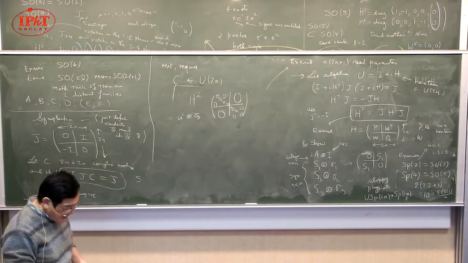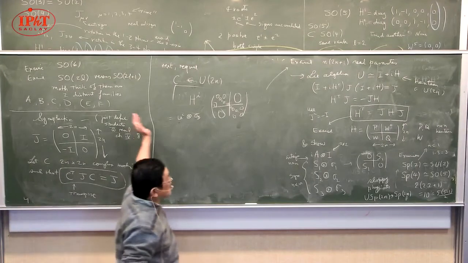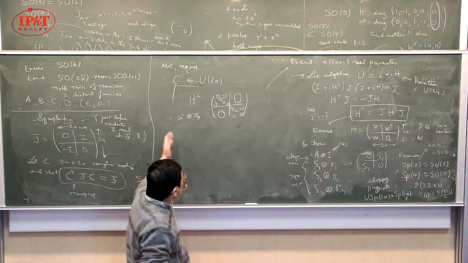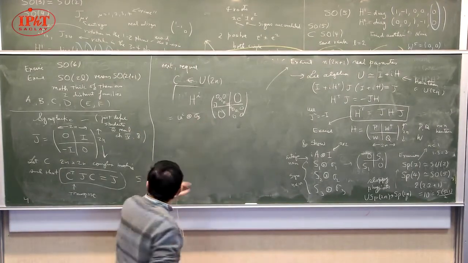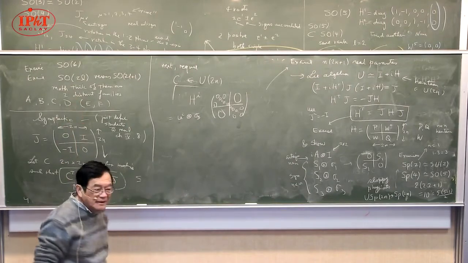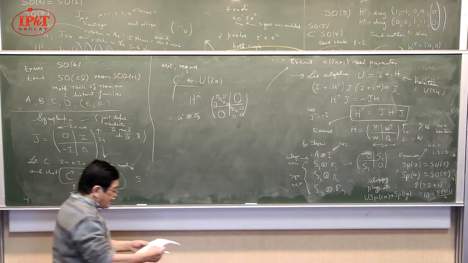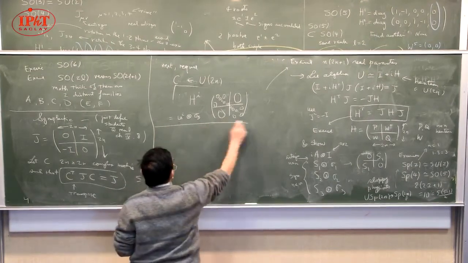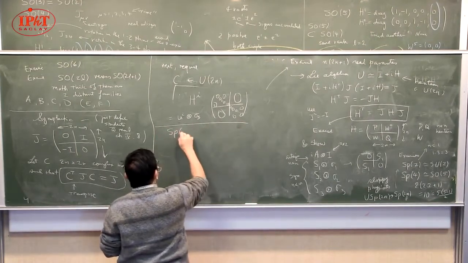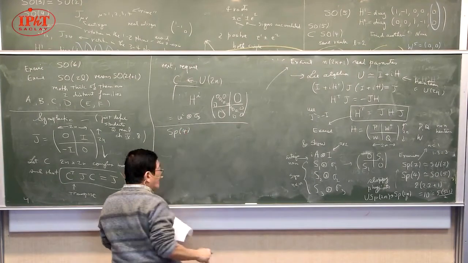Okay. So now, since I have the H_i, I can follow the strategy I outlined earlier and work out the roots and everything. But since time is short, I'll leave that as an exercise. I would work out only Sp4.